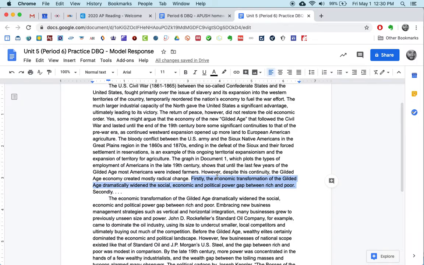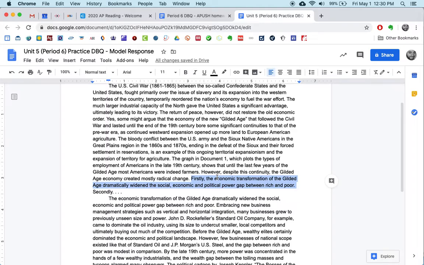Again, we've been talking about this all year, the Goldilocks rule. I don't do something like, firstly, the Gilded Age economy gave a lot of power to John Rockefeller or Standard Oil. Well, that's one very narrow example, but is he the only one? Is that the only example?